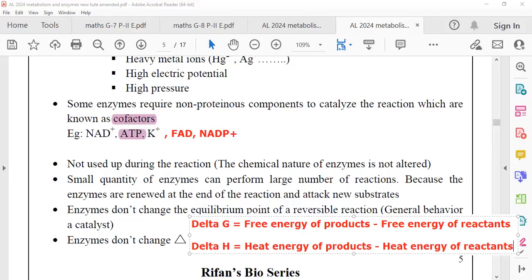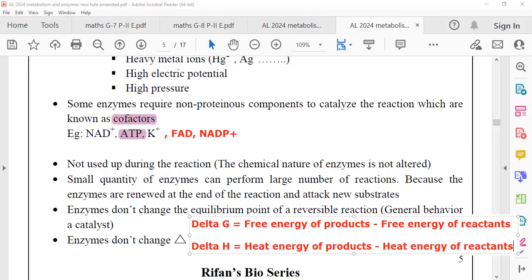In that case also, with or without enzyme, the heat energy of reactants and products will be stable.